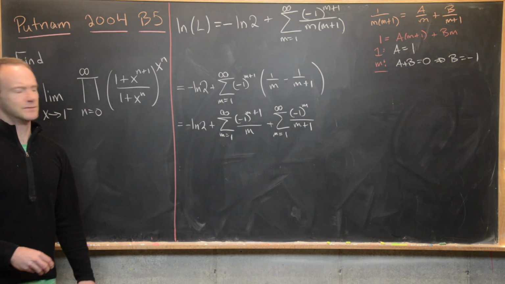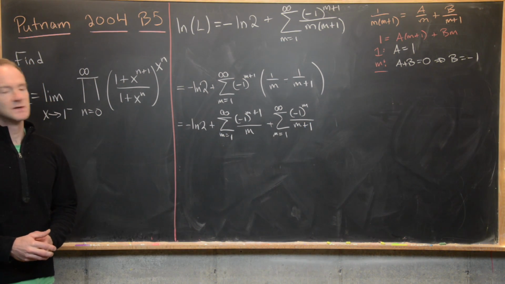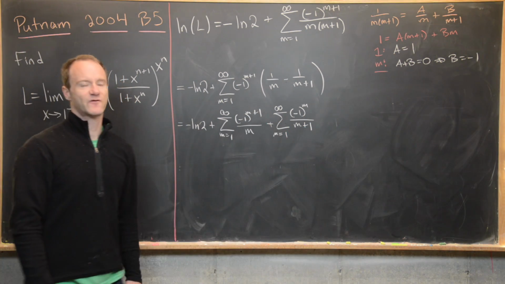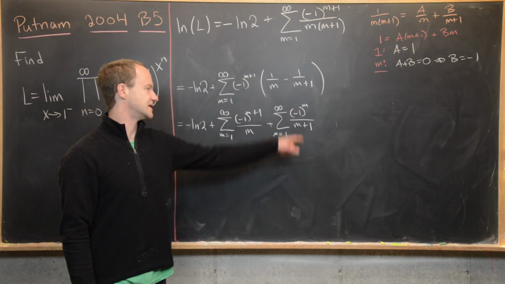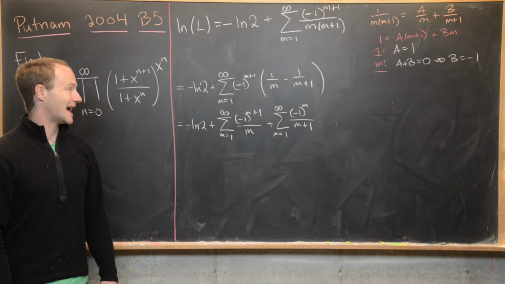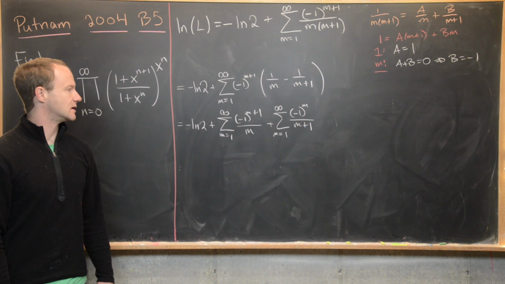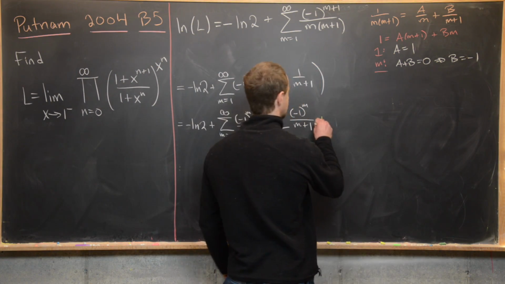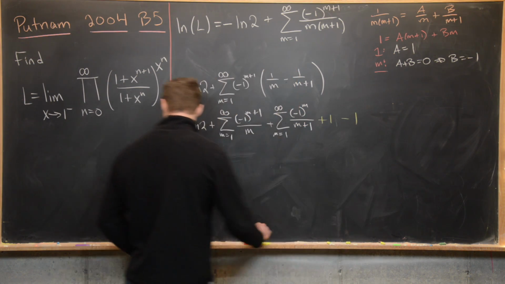Now maybe we would like to put these two back together. So let's see how we can do that. Let's notice here that we're missing a first term. In other words, we're missing a term where the denominator is equal to 1. So we can add and subtract that back in. So that's going to give us all of this with a plus 1 and then a minus 1.